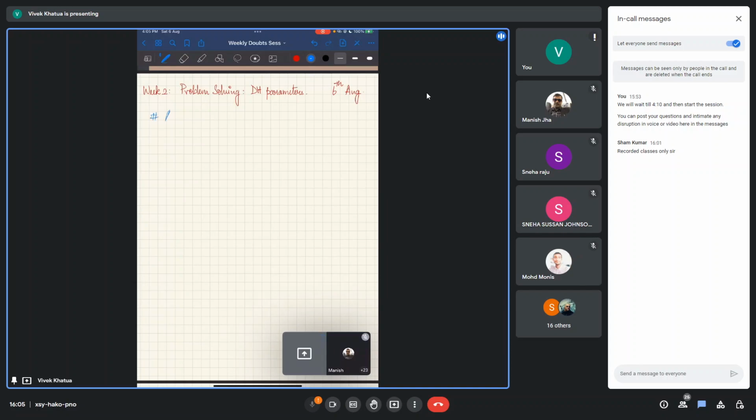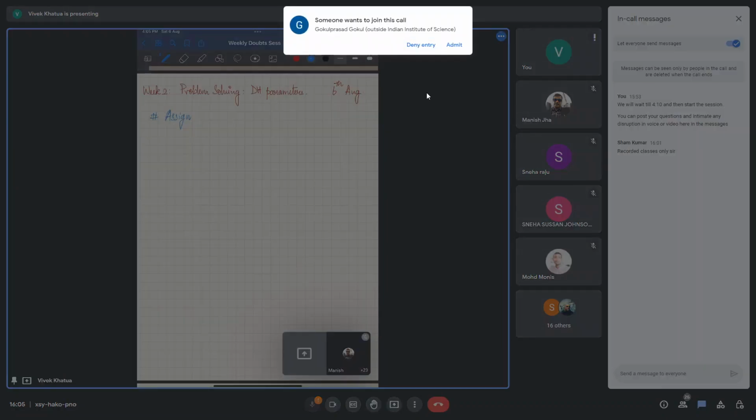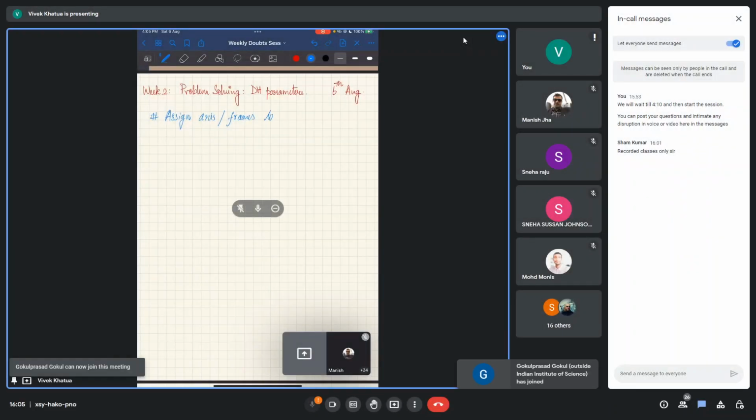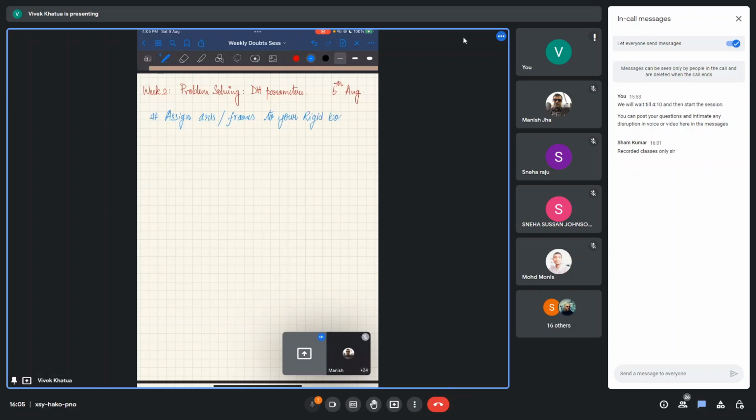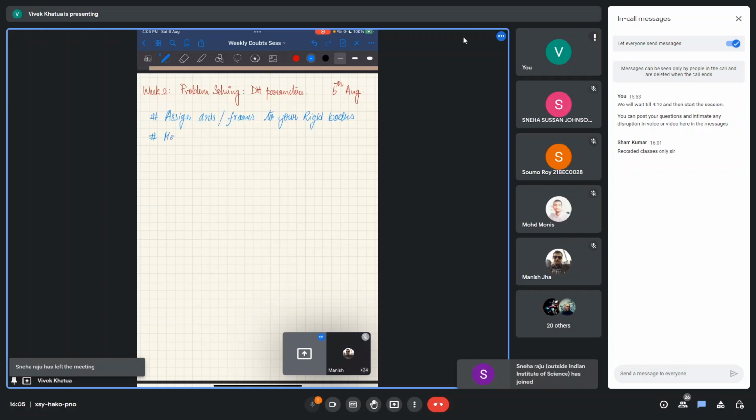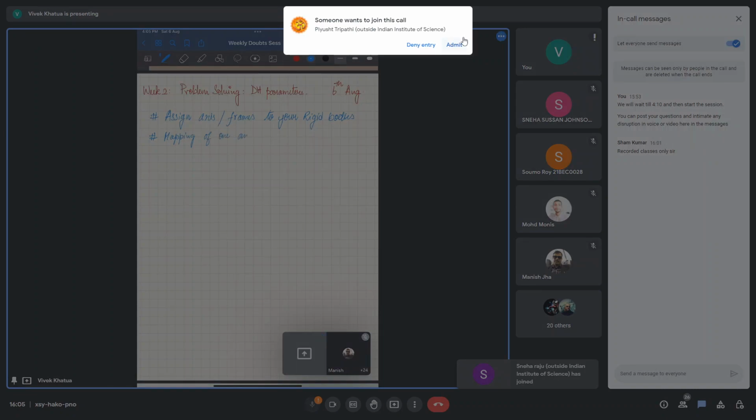One is assigning axes/frames to your rigid bodies, and second is having parameters that map from one axis or frame to the other. So this is what your DH parameter does: mapping of one axis to the other.